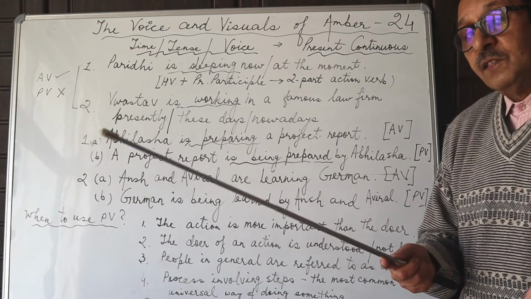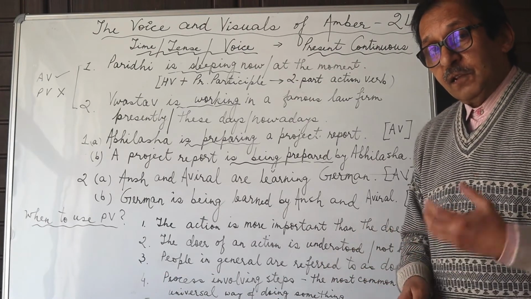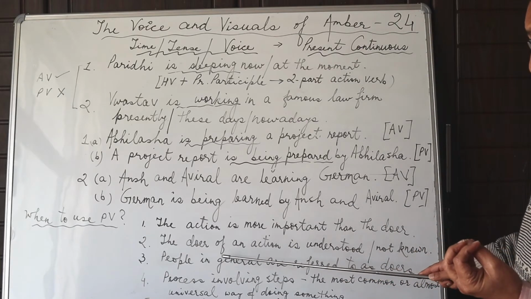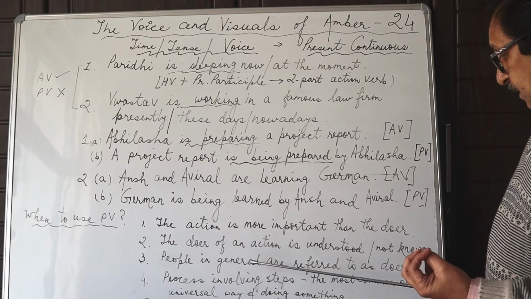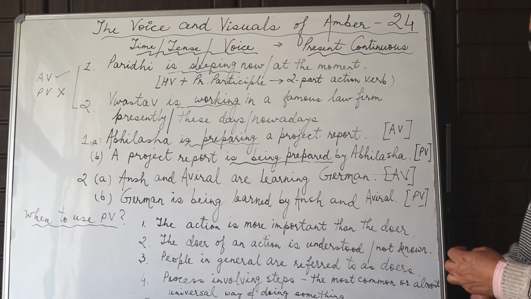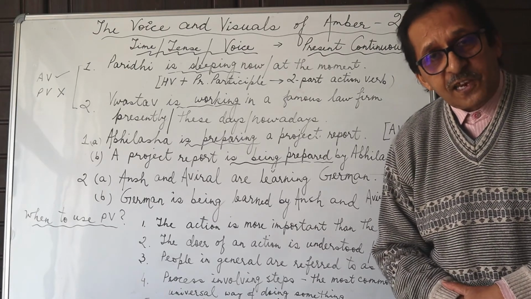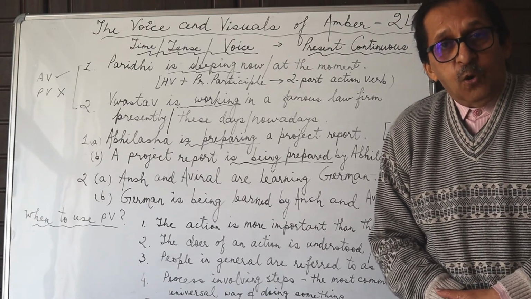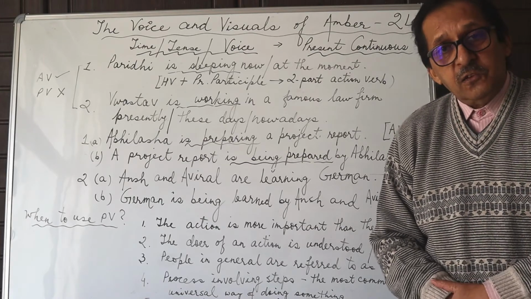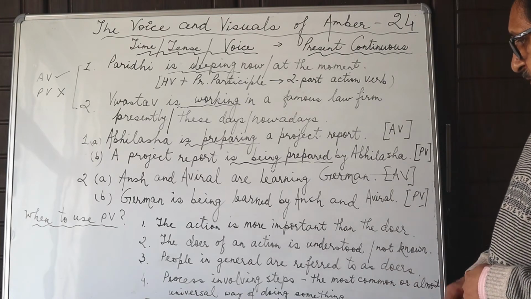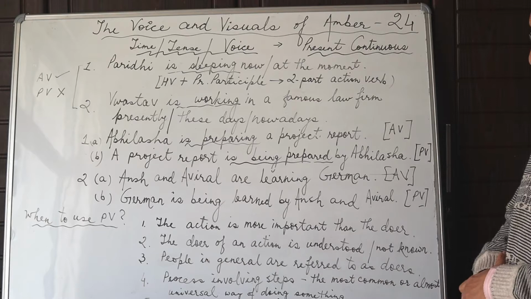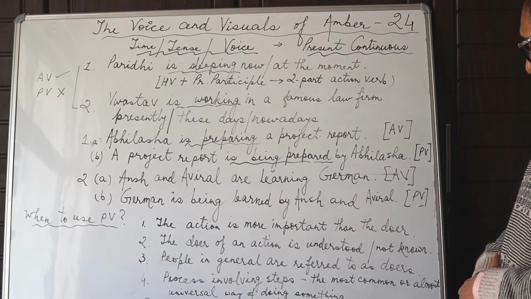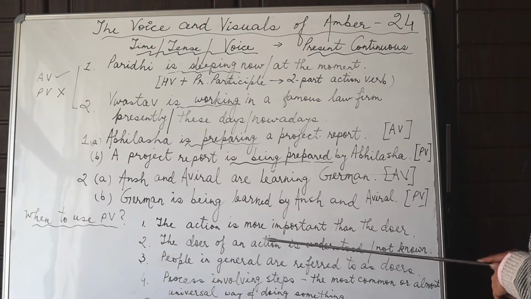Or we may not even use "by the police", because we state it in the passive voice but the doer is understood, because the work of arresting somebody can be done only by the police, not by you and I.